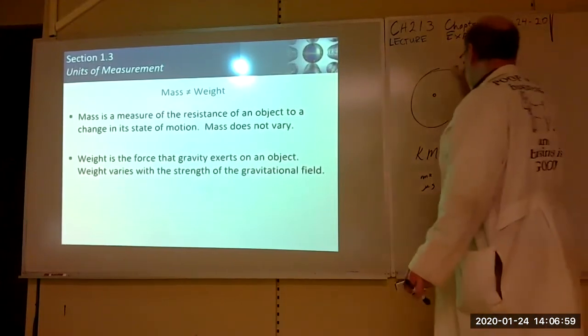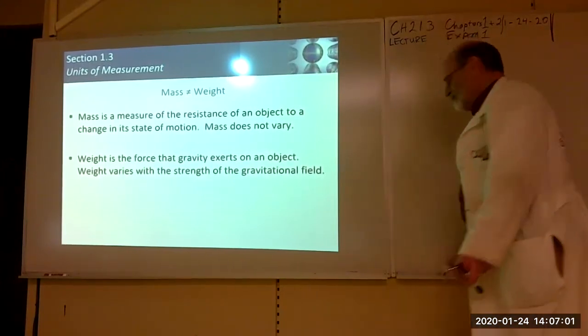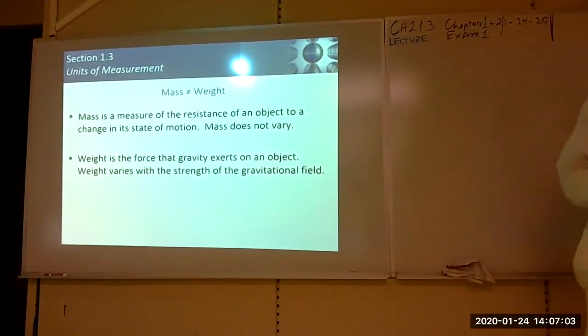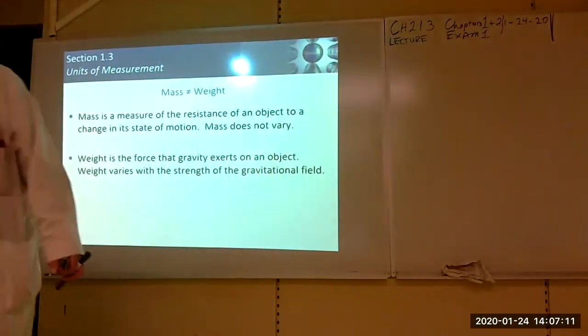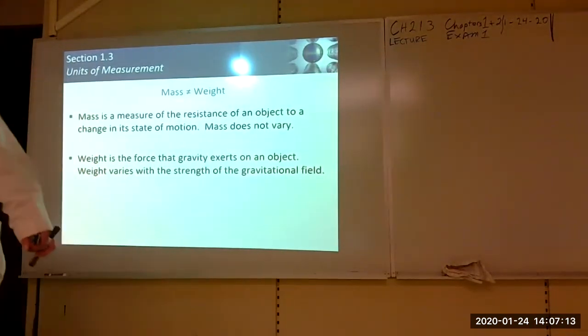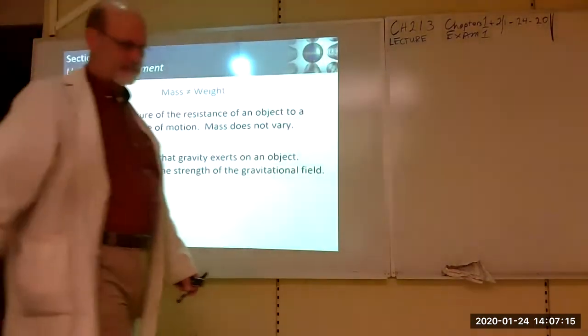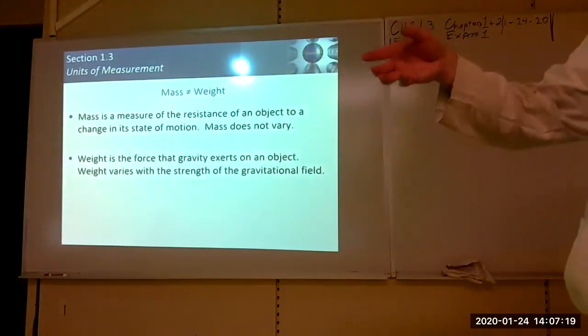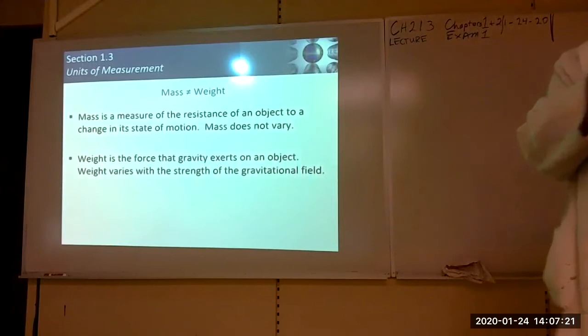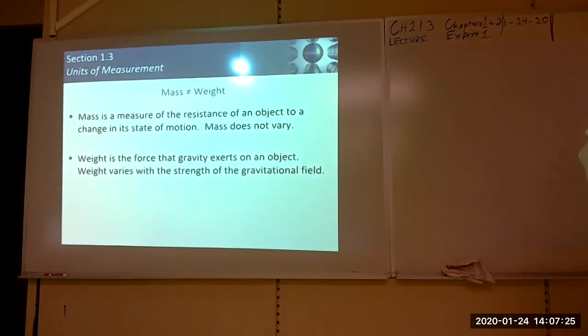Now, we use the terms mass and weight interchangeably too often. A lab exercise might say weigh such and such out to the nearest thousandth of a gram. What we really mean is determine the mass when we say weigh.